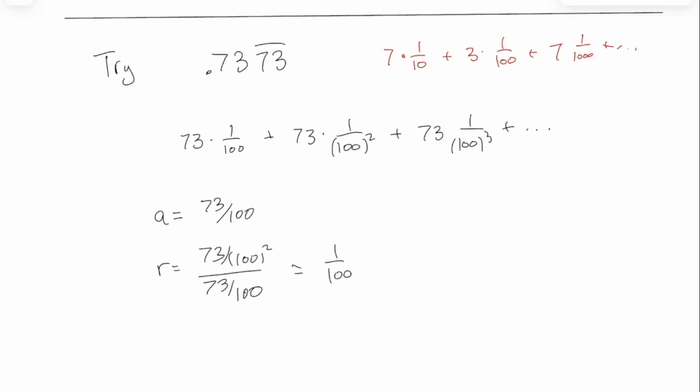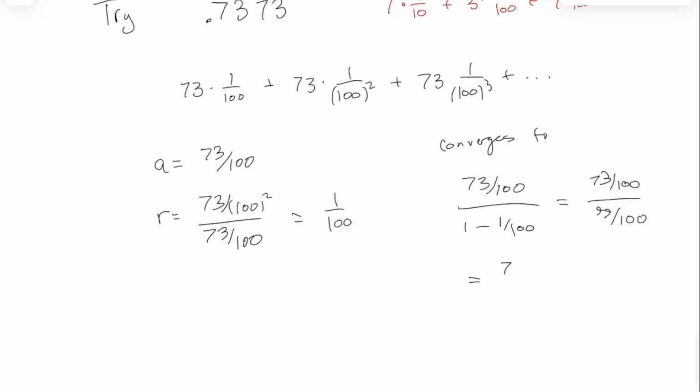All right, anyway, this is enough to put it all together, right? The R is less than 1, so this will converge. And what does it converge to? It converges to 73 over 100 divided by 1 minus 1 over 100. So this is 73 over 100 divided by 99 over 100, right?